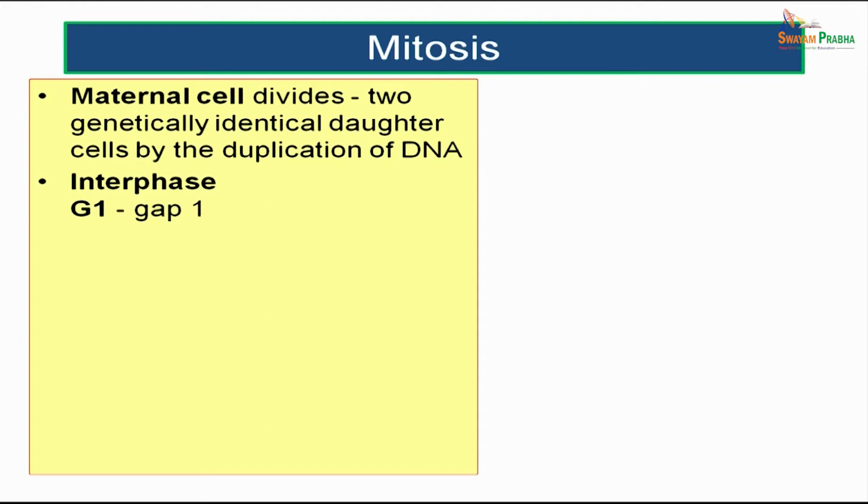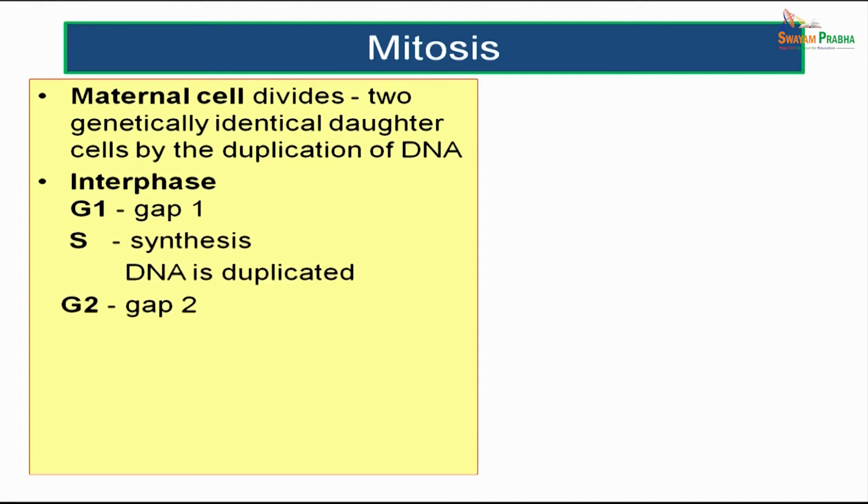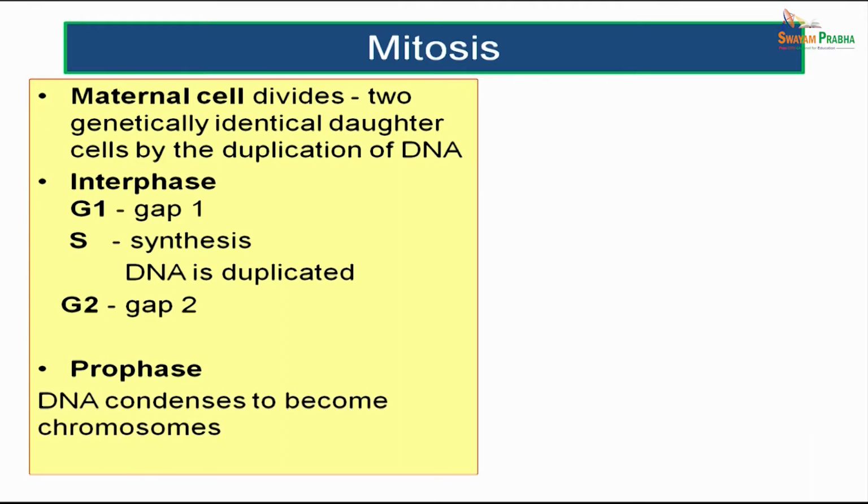The first phase is known as the interphase, which is further subdivided into the G1 phase, S phase and G2 phase. G1 is otherwise known as gap 1. S phase is the synthetic phase where the DNA is duplicated. The third one is known as G2 or gap 2 phase. After interphase, the cells will enter into prophase.